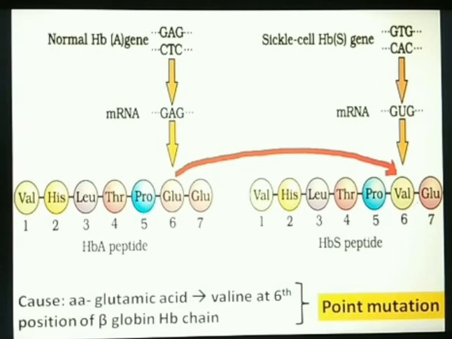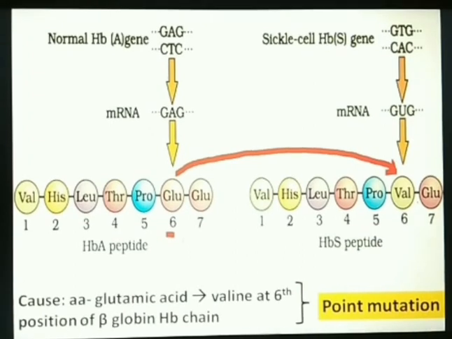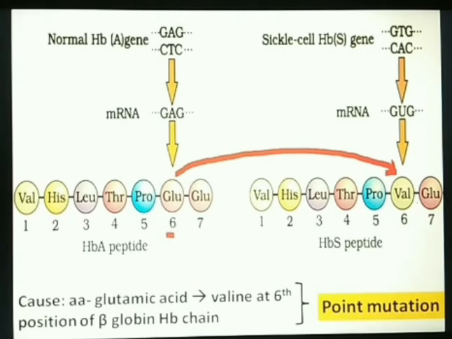In the normal beta globin peptide chain, there was glutamic acid, which is now substituted due to mutation by valine. And this happens at the 6th position of the beta globin chain where the mutation has taken place. This is the result of a single base substitution from GAG to GUG here, right?